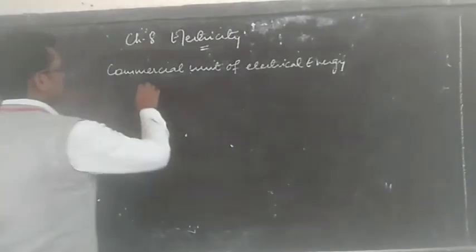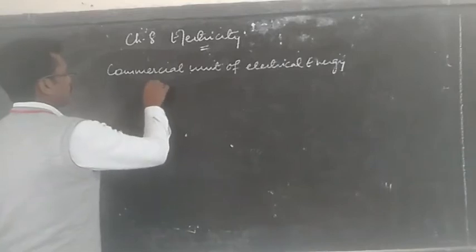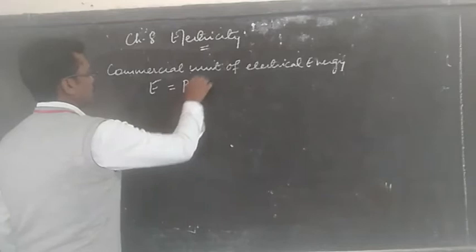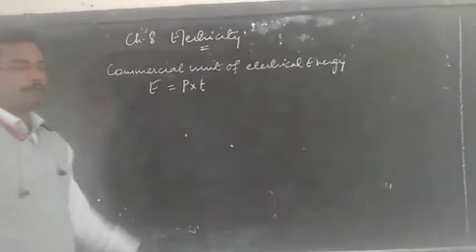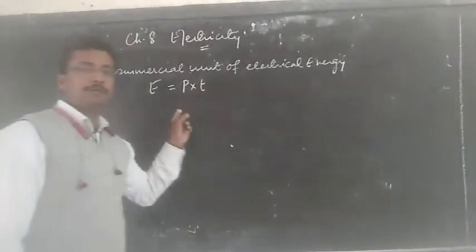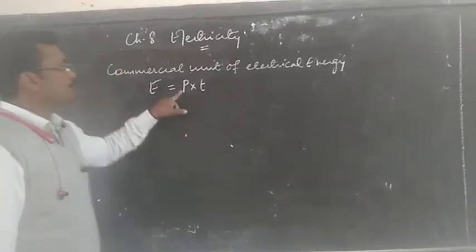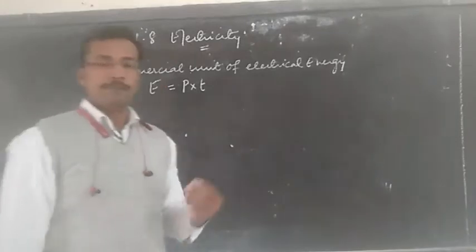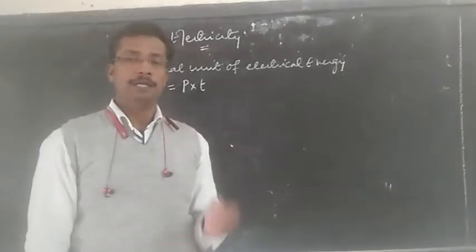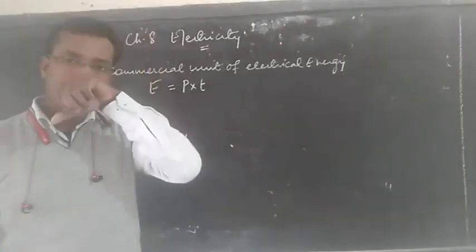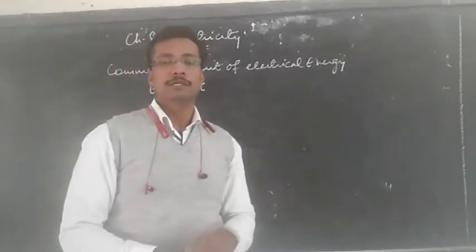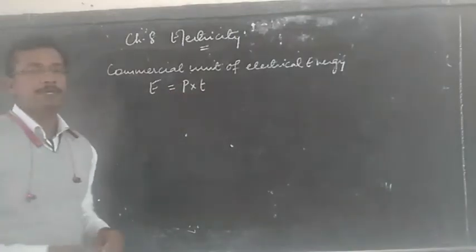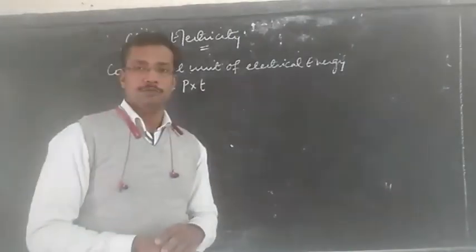Electrical energy consumed can be calculated using the formula E is equal to P into T, where P is the power of the appliance, should be taken in kilowatt, and time should be taken in hour, and it indicates how long in hour we are using that particular appliance. So on multiplying these two, we will be getting the electrical energy consumed.